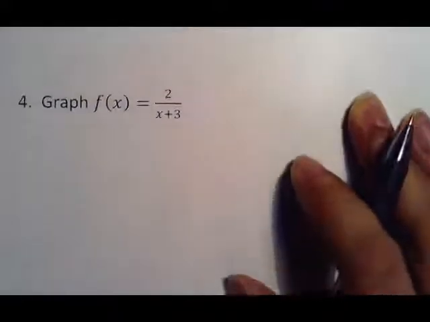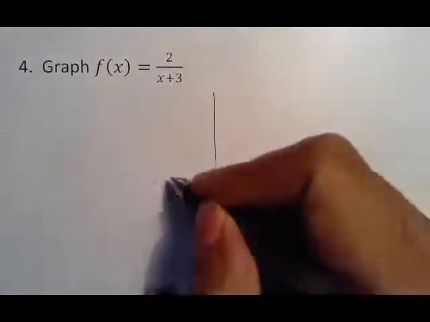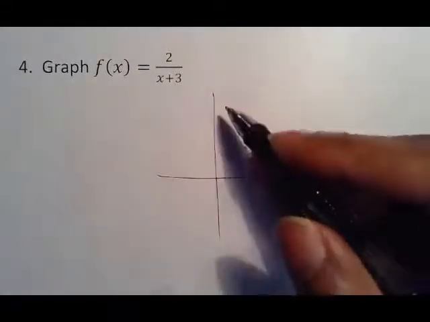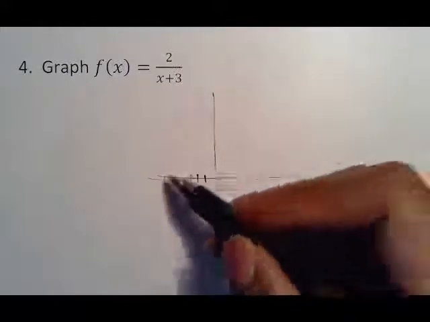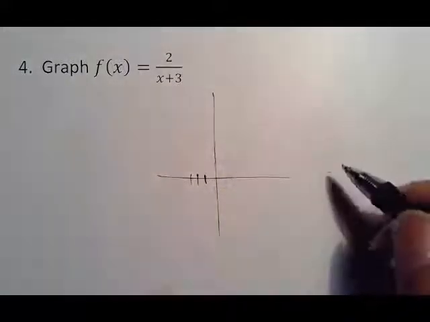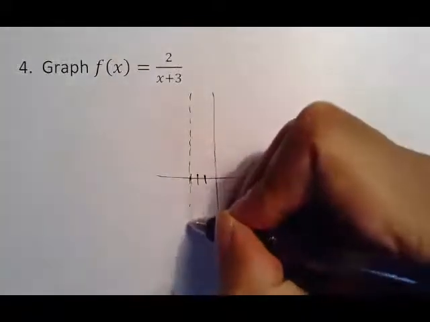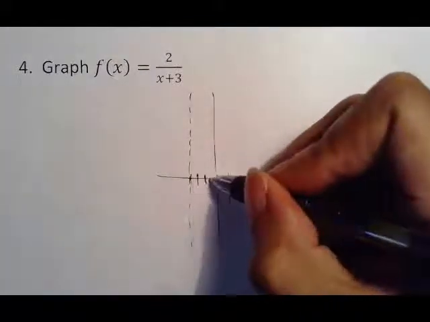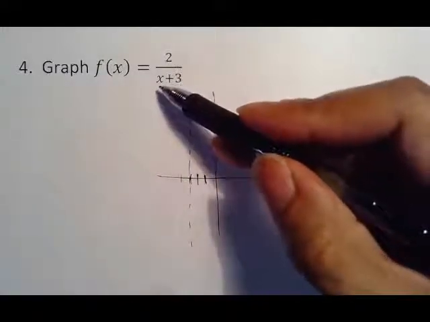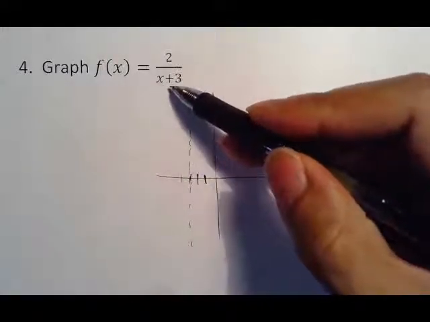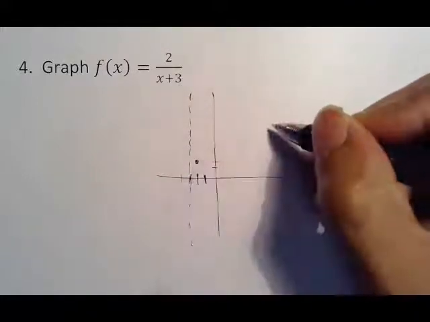Number 4. The wall changed 3 to the left, but your floor did not change because there's no number there, and so 3 to the left means I do this, and I will check -2 and -4. -2 obviously leaves me a 1. 2 divided by 1 is 2, so I should be here.